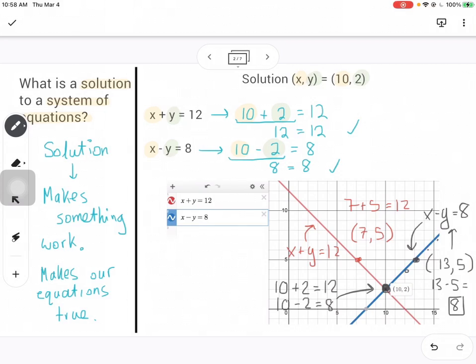It makes both equations true. That's why it's our solution. So we have one solution, and that solution is (10, 2). Make sure you have this written down.